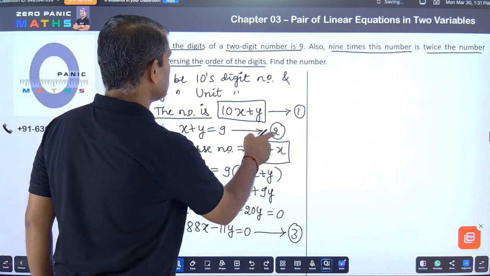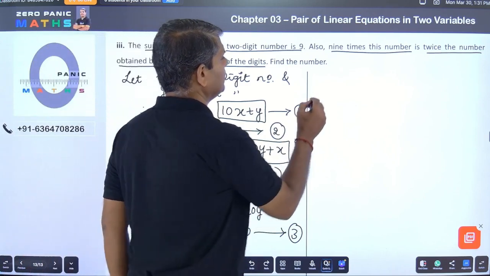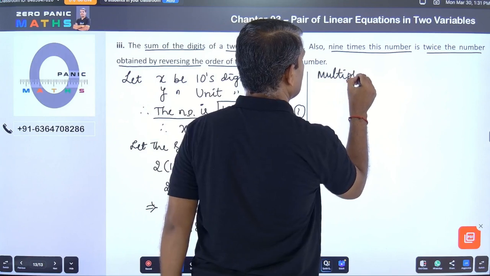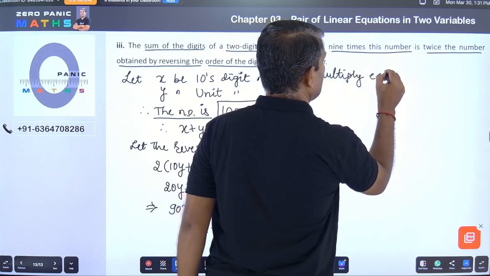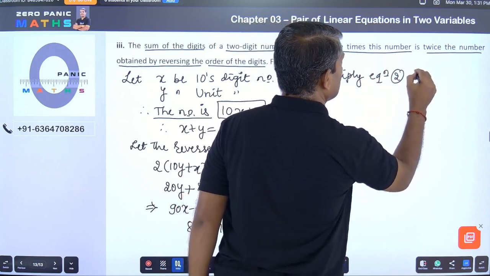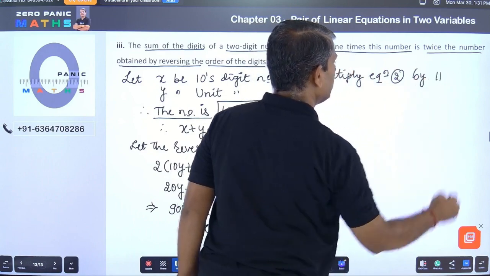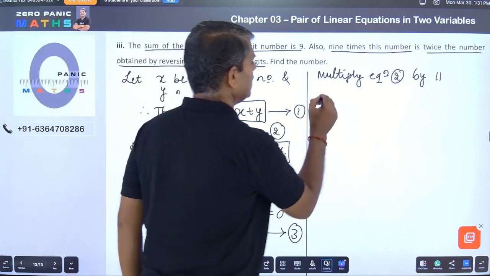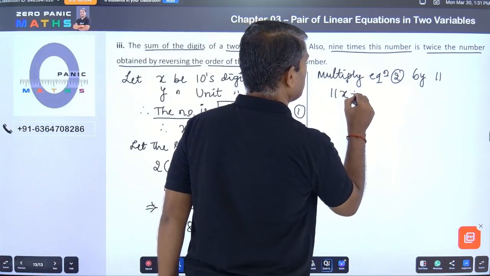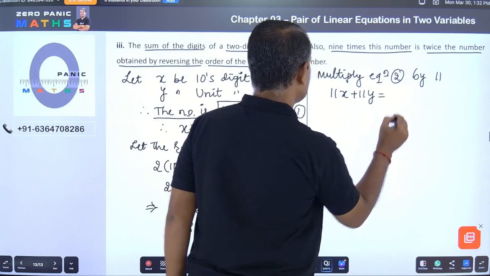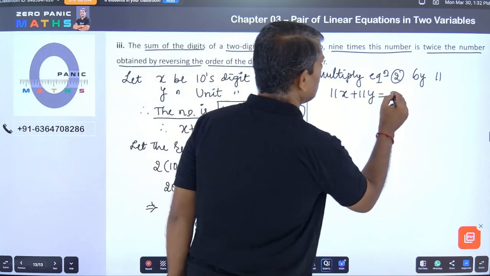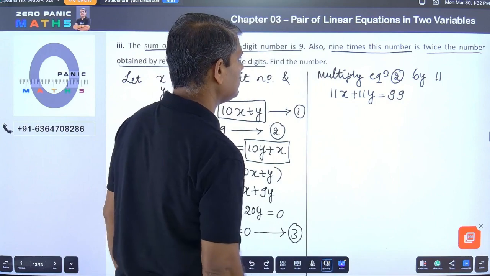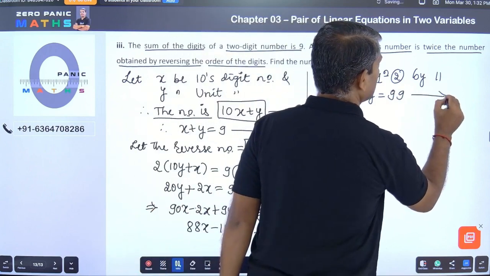Multiplying equation 2 by 11 will give me 11x plus 11y is equal to, it is 9, right, so 99. This is equation 4.